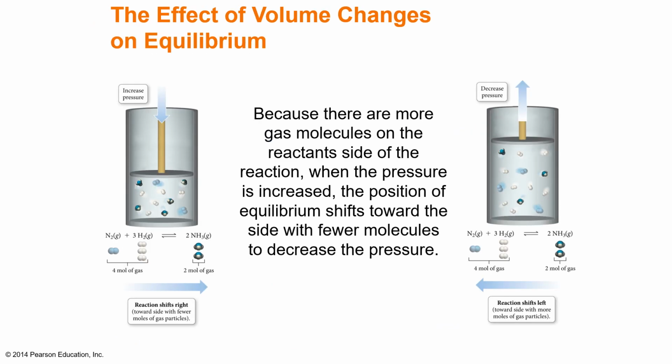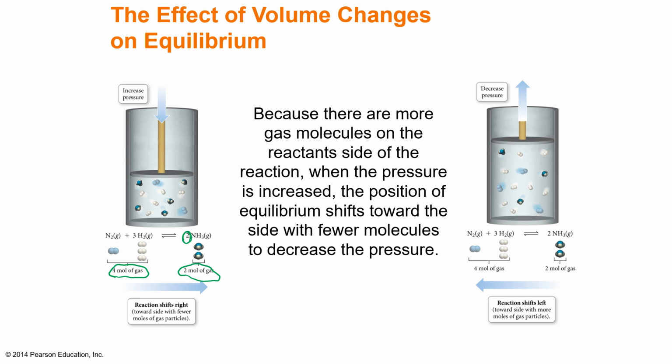Okay. So as we increase pressure, we're going to shift towards the side with fewer gas molecules. So in this case, we're looking at nitrogen and hydrogen. We've got 4 moles of gas on the reactant side. We have 2 moles of gas on the product side.